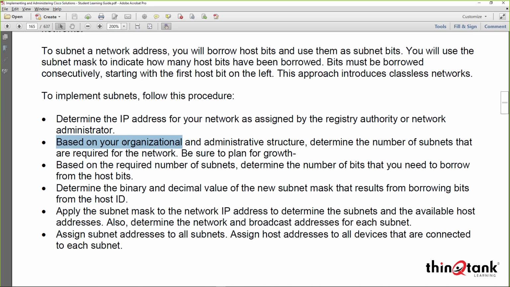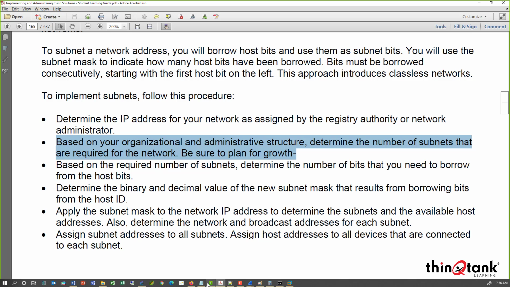Based on your organizational and administrative structure, determine the number of subnets that are required for the network. So that is actually in Plan for Growth. That is actually the first calculation that we are going to talk about. Calculating based on the number of subnets.